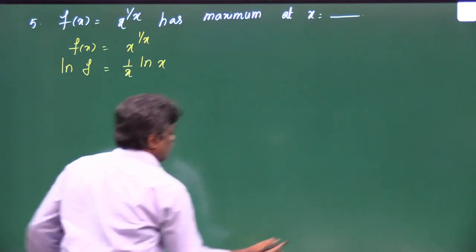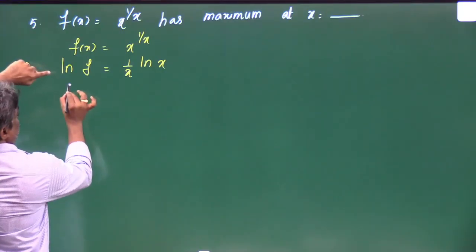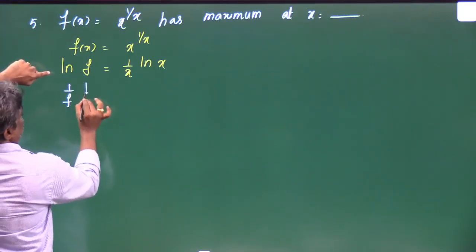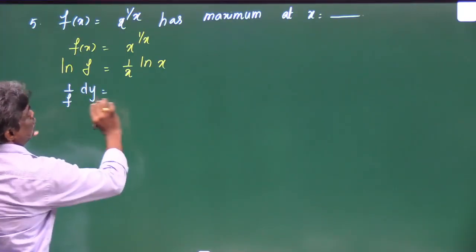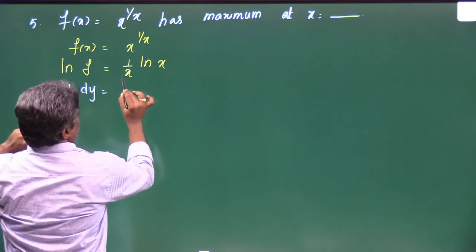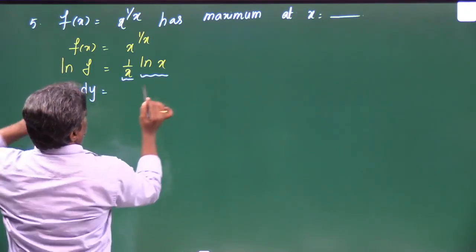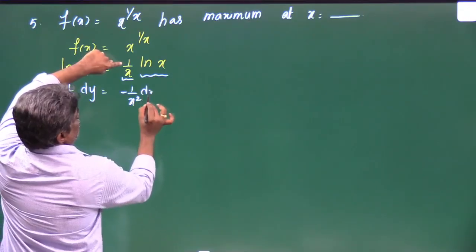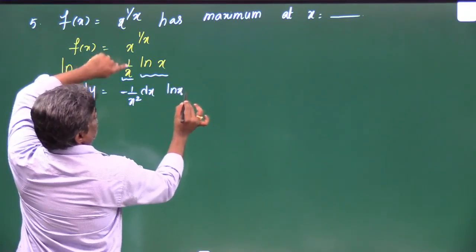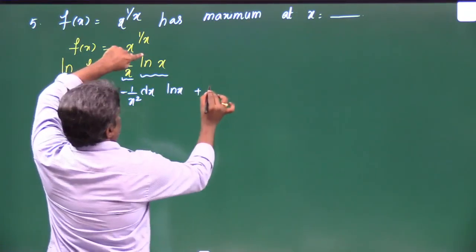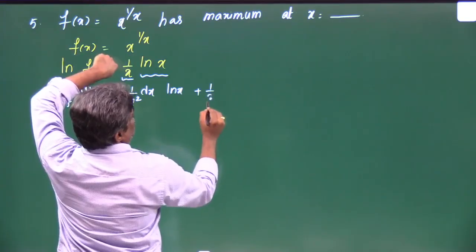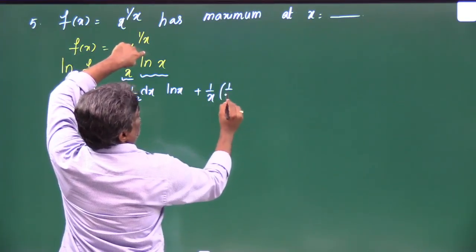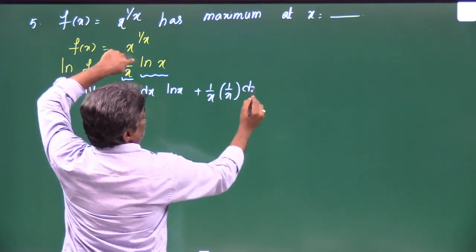Now go for implicit differentiation, that is 1 by f df. This is the implicit differentiation. This is a u and this is a v. Minus 1 by x square dx, of course log x is as it is, plus 1 by x as it is, log x differentiation 1 by x dx.